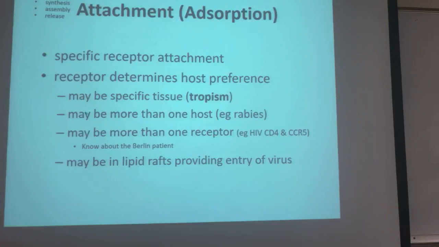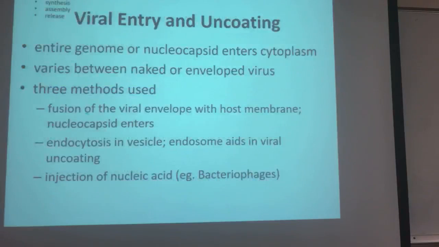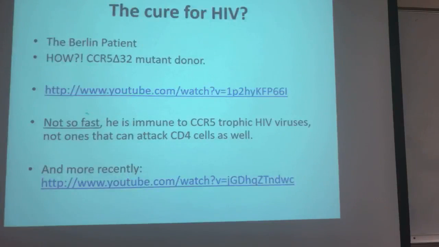Some viruses infect a specific tissue on a specific species of animal. You know, it's all to do with the tropism of the virus. And you may want to know, again, about the Berlin patient. What is CCR5, delta 32? What does that mean? How did the whole process work? That might be something interesting to understand.